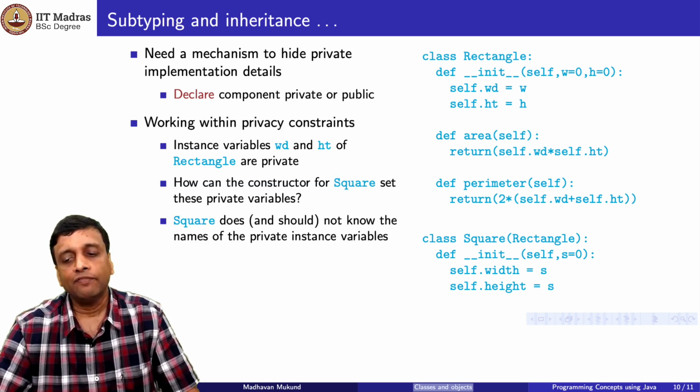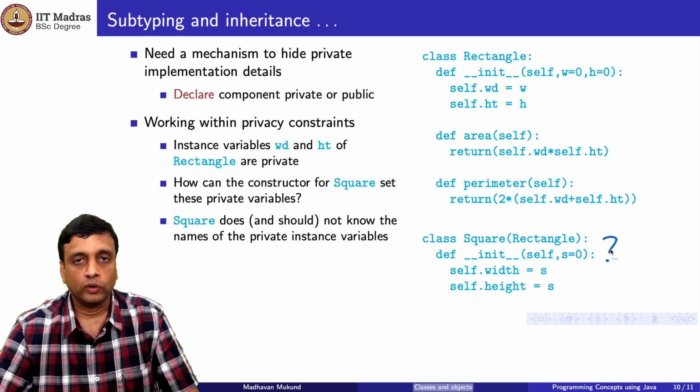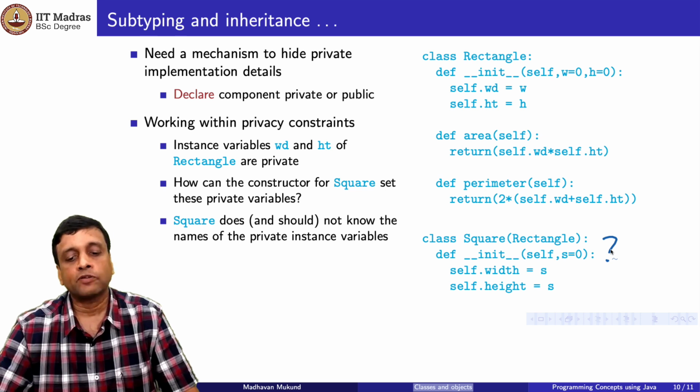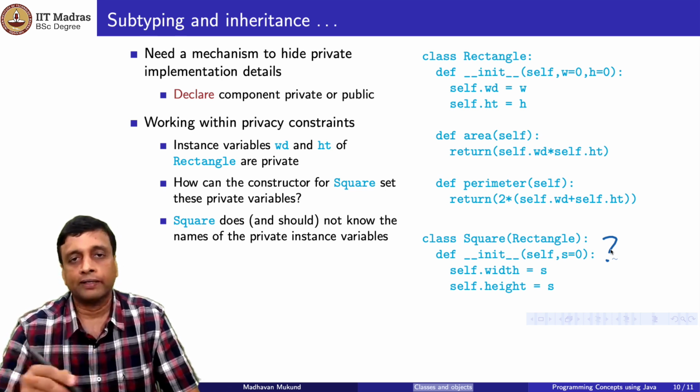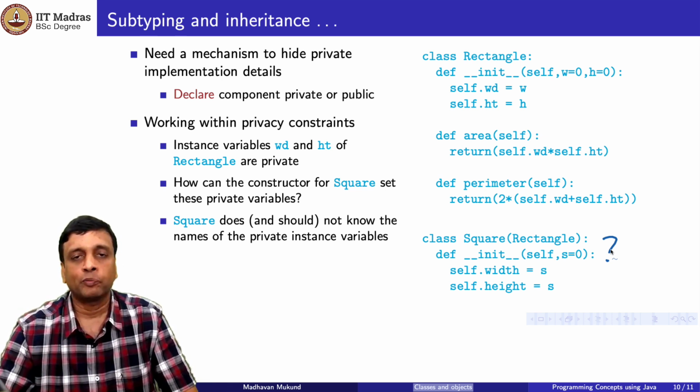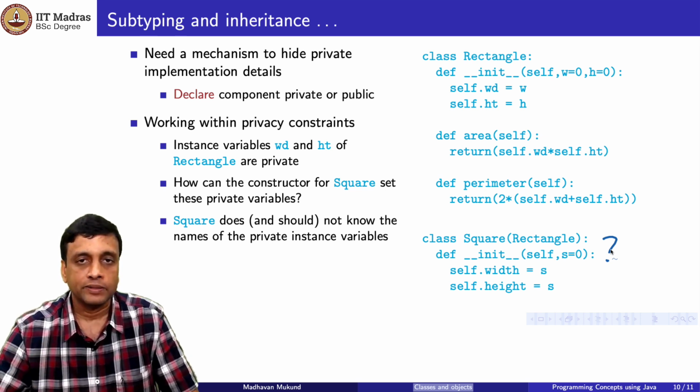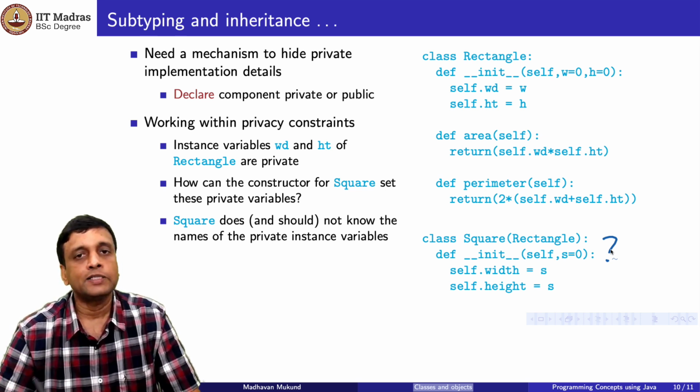But then if these are indeed private, then how does this square set itself up, right? Square needs to be able to set the instance variables of a rectangle, but square is not allowed to, and it should not know the names of the private variables of rectangle. So we need to have a lot more things. It's not just the typing and the declaration which we have to do, but we also have to provide additional mechanisms which allow us to work within these privacy constraints.